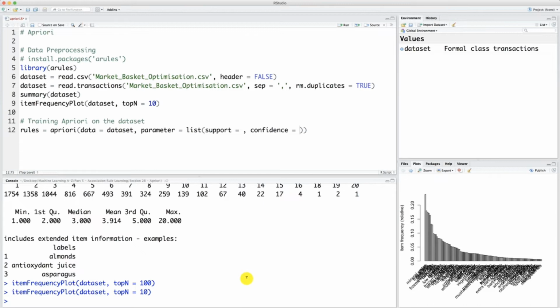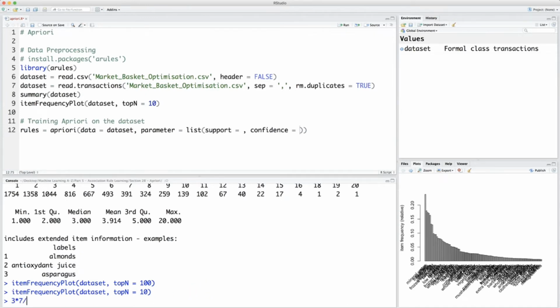So, okay, we said we considered the products that are purchased 3 times a day, so that's 3 here. Then since the total number of transactions were registered over a week, that means that if we consider the products that are purchased 3 times a day, they're purchased on average 3 times 7 times a week. So this 3 times 7 equals 21 here is the number of transactions containing this product bought 3 times a day over the whole week.